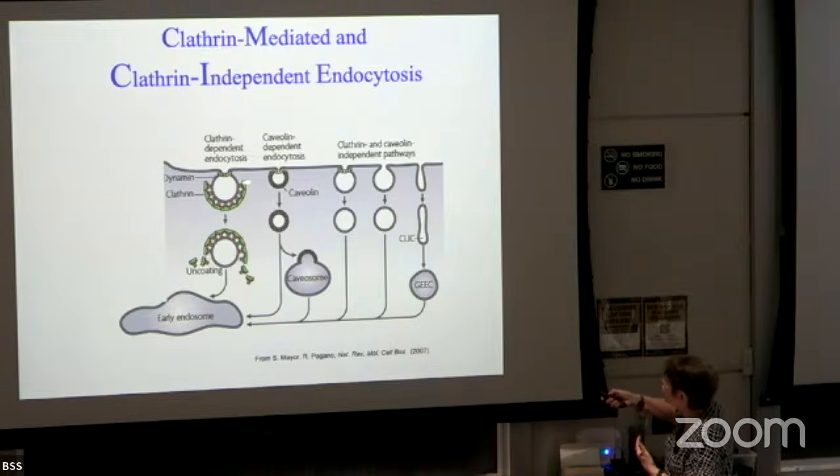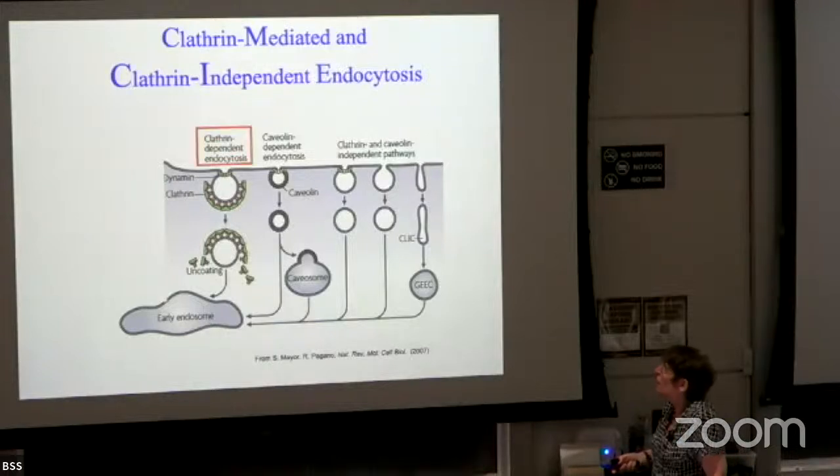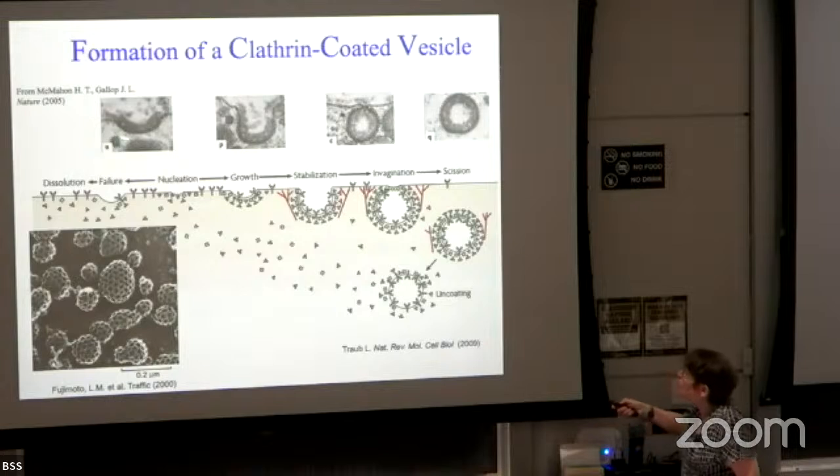It could be a vesicle, it could be a tube. You have a process which depends on clathrin, and some which are independent of clathrin.